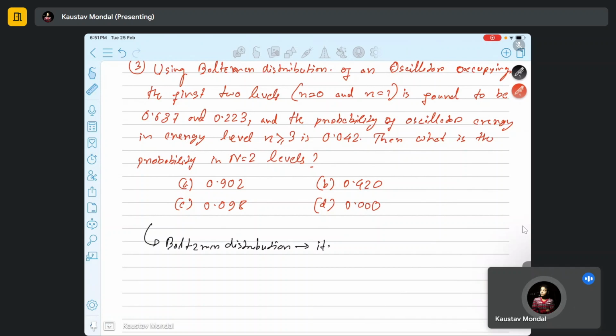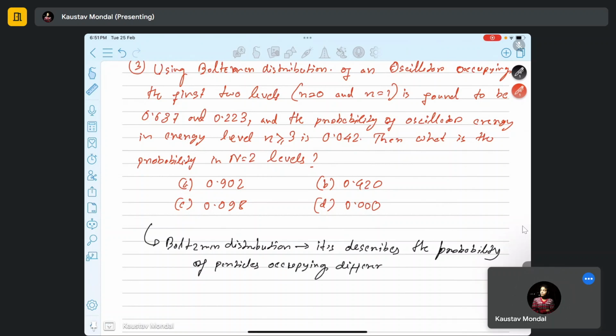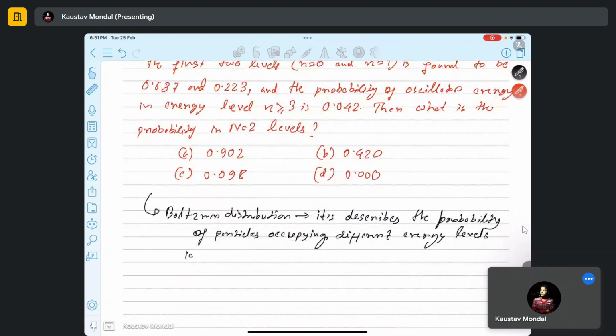Boltzmann, it basically describes the probability of particles occupying different energy levels in a system at a given temperature.